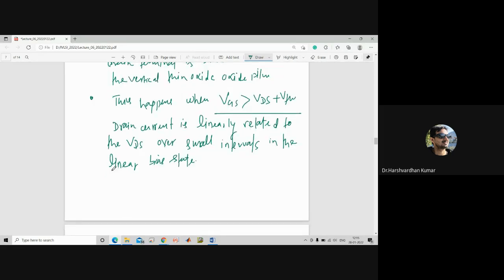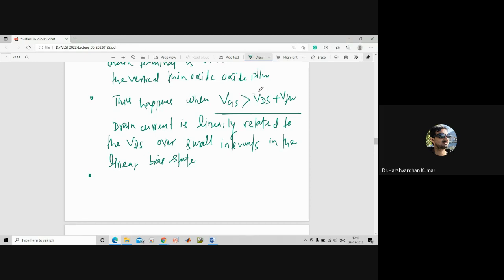But what happens if you further increase the VDS? Because VGS is always constant for a particular value of VGS, we get the output characteristics, right?